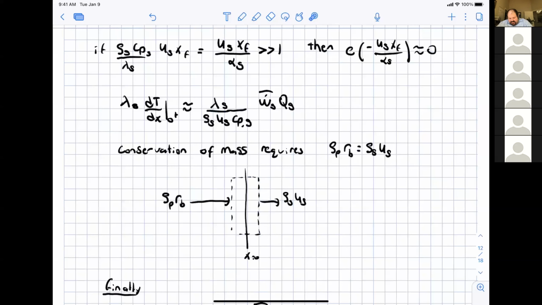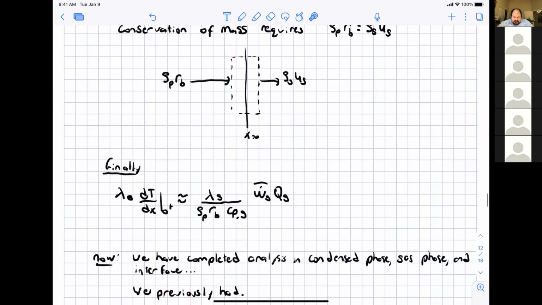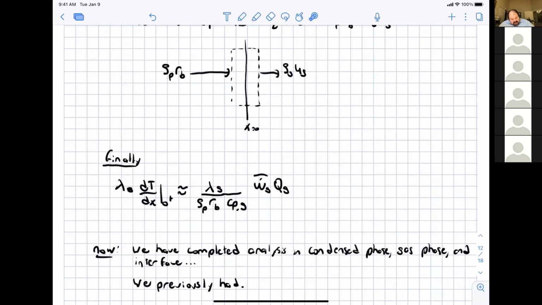So what this means is that rho P RB is equal to rho G UG, and I can take this and replace it with rho P RB. So finally, we have related the gas phase conduction heat flux to the burning rate times a bunch of crazy constants.